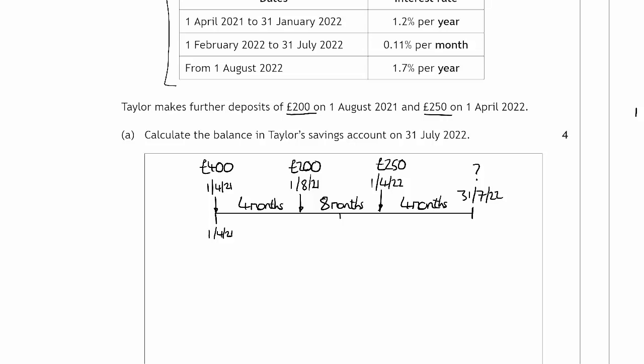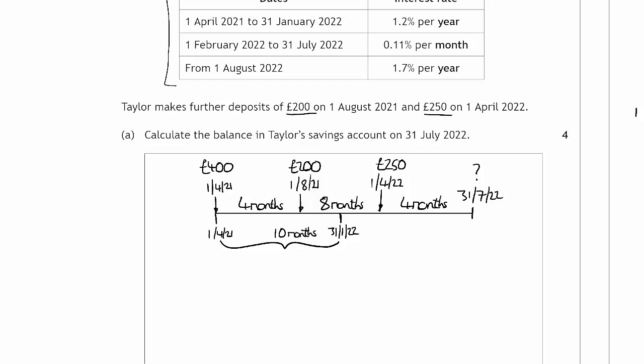I'm just going to put the line about here. You don't need to put the brackets or anything like that. That's actually going to be 10 months.